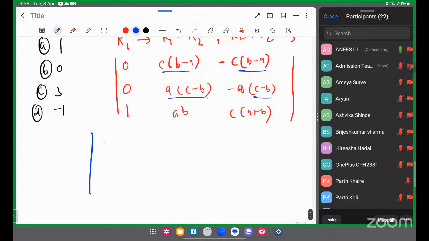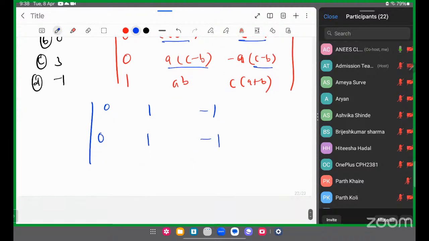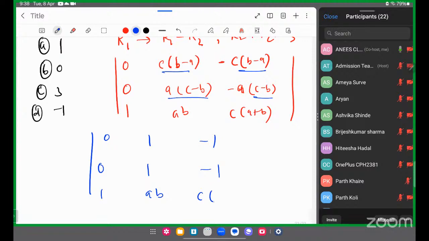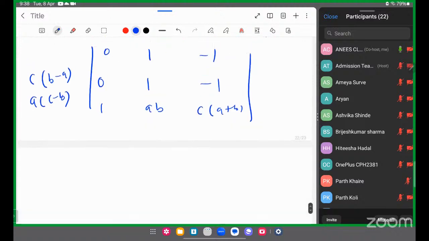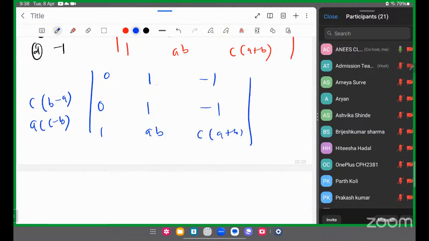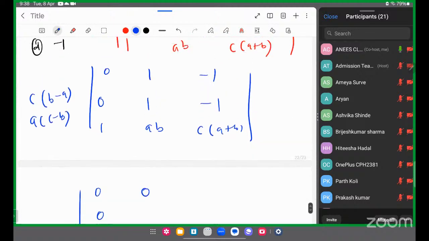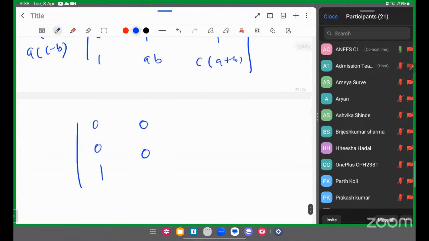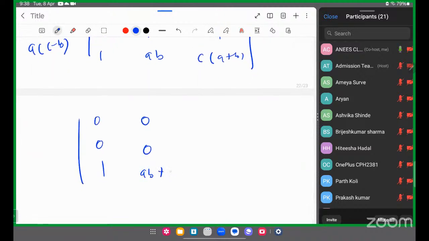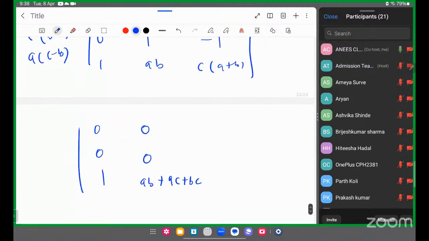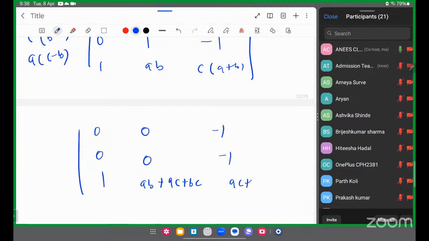So this will be 0, 1 minus 1, 0, 1 minus 1, 1, AB, C into A plus B. And outside there will be some factors which will be C into B minus A and A into C minus B. If we again add column 2 and column 3, this will give 0, 0, 1, 0, 0, AB plus AC plus BC and minus 1, AC plus BC.